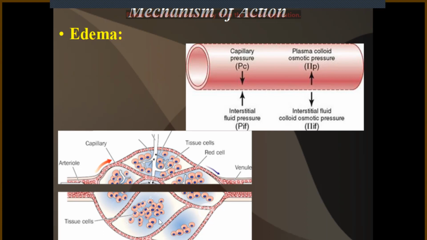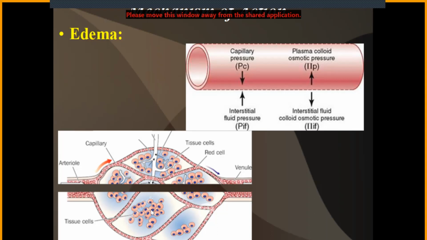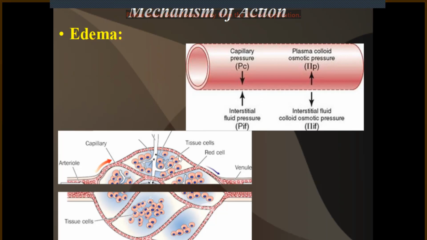Whatever is coming to this tissue has to travel a lot of distance, and the most remote cells will get the least amount of drugs, amino acids, and other things required for growth and regeneration. These two are the most detrimental effects of edema.